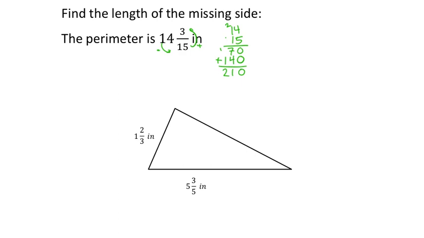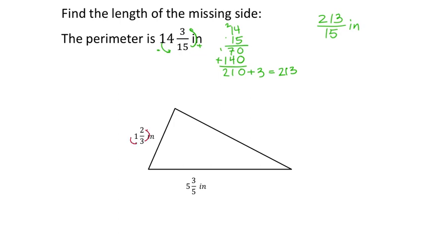So that'd be 210, and then we will also add the 3, and that gives me my new numerator at 213. So 14 and 3/15 inches actually is 213/15 inches right there.